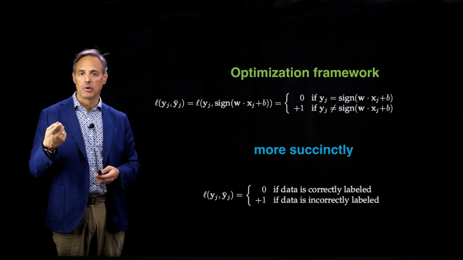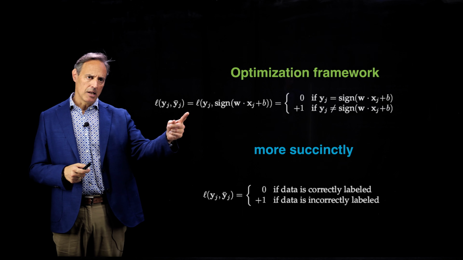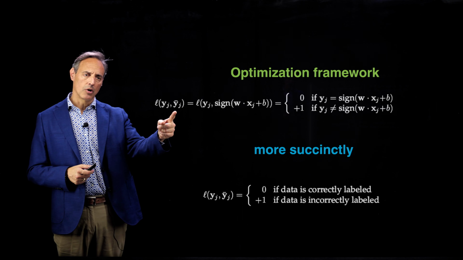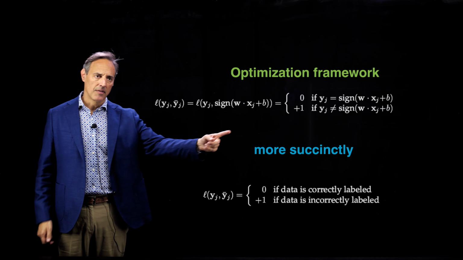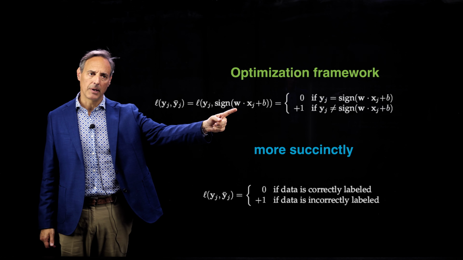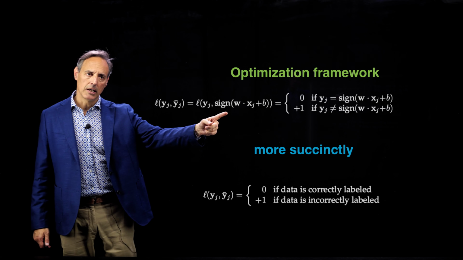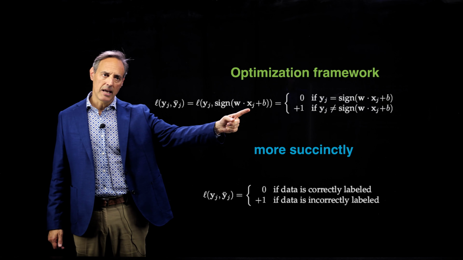Which is either a +1 or a -1. And y hat is going to be my label for that data given the hyperplane I have. So if I have a hyperplane here, all I've got to do is take the data point I have, project it onto my hyperplane, and ask what is the sign of this? This will either be +1 or -1.